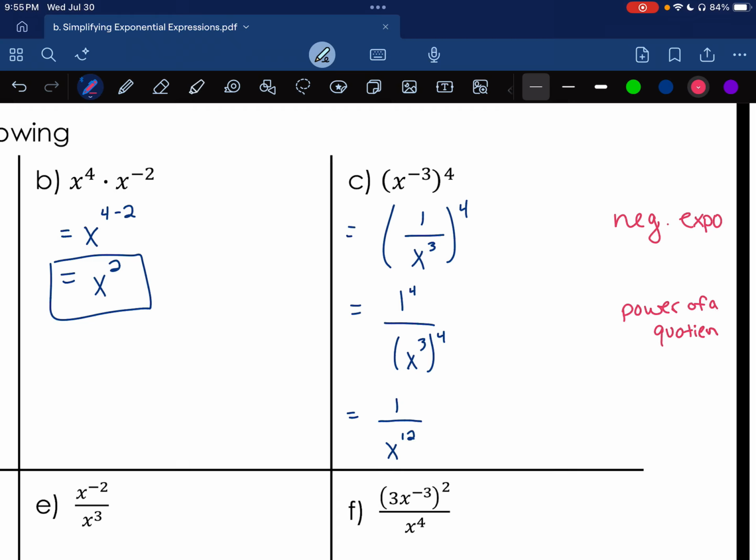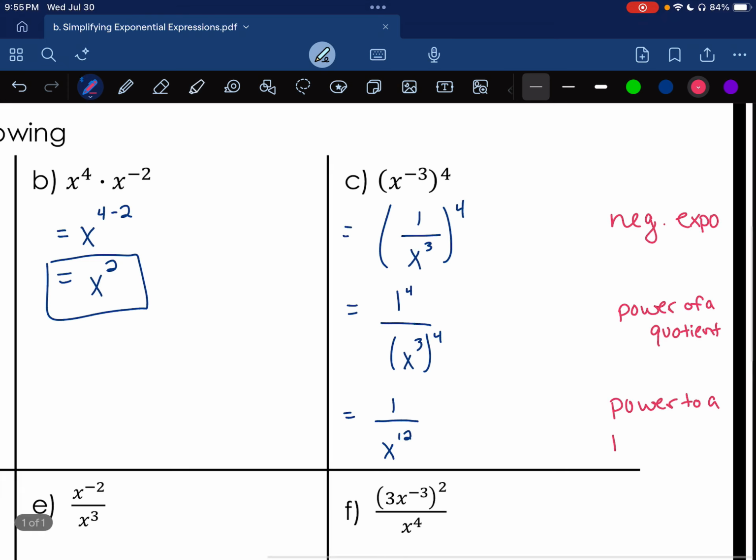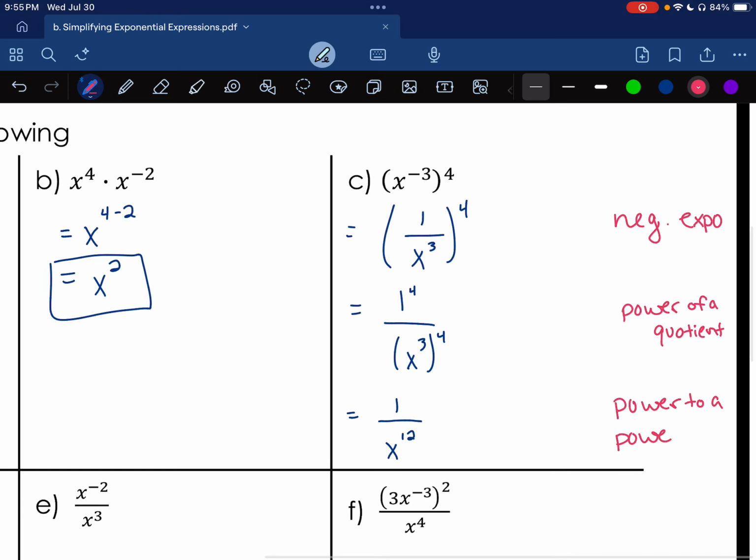You can think about it like leaving notes or comments to yourself so that later on when you go back and look at your notes and you're like, what the heck was I doing here? You've got a little note to yourself. You're like, oh, here, what happened was I used that power of a quotient property. I can go back to my notes in my flip book and see what that's all about. All right, I'll get off my soapbox.